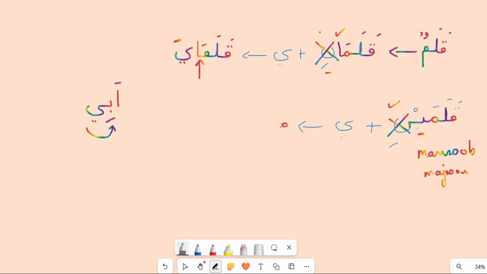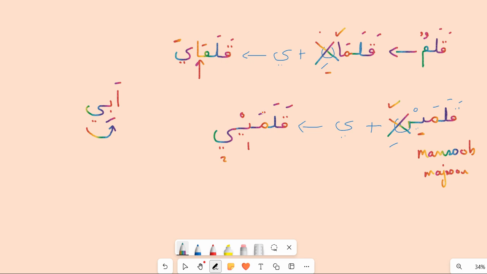Now we have a structure qala, meme, and remember the harakas: qala mai. So we have the ya, qala mai. And what about the ya mutakallim? Simply we are attaching the ya mutakallim. So now we have two yas. Qala mai, the first ya, and the ya mutakallim, the second ya.